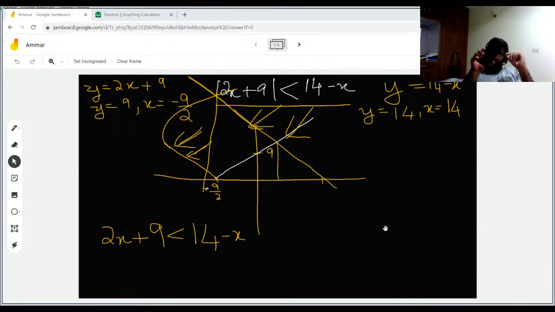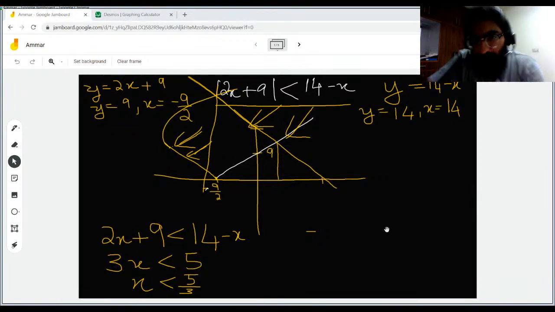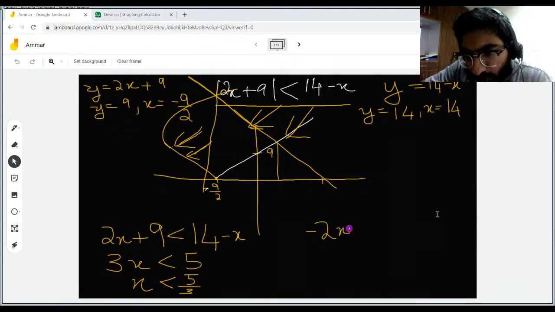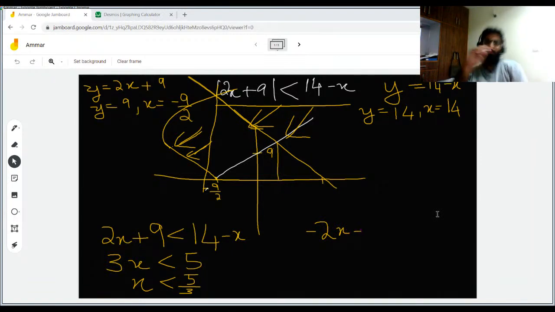Okay. X to the other side, so 3x is greater than what? 14 minus 9 is 5. So x is greater than 5 by 3. No, it's less than.